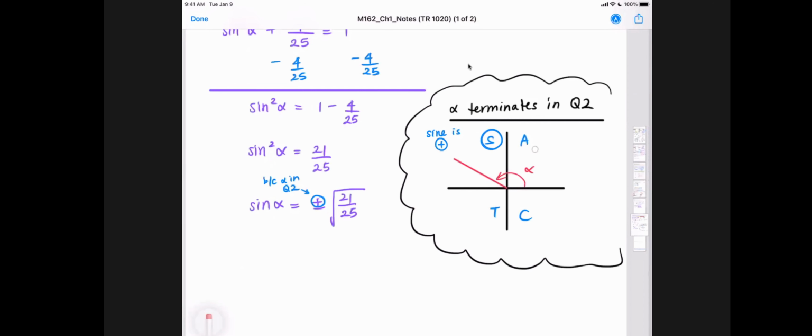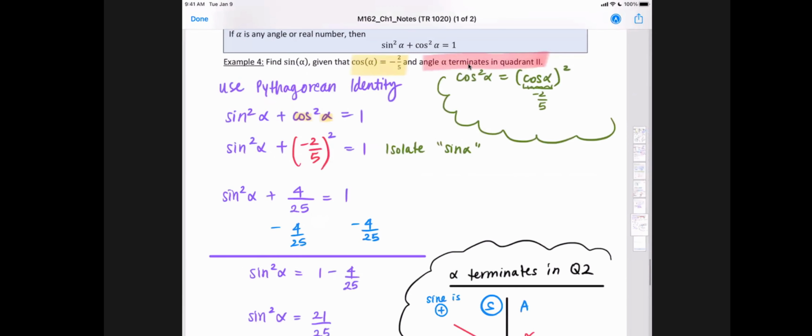That means all trigonometric functions are positive. In quadrant 2, the S means sine and its reciprocal, cosecant, are positive. All the other 4 trig functions are negative in quadrant 2. T, so tangent and its reciprocal, cotangent, are positive. All the other 4 are negative. Quadrant 4, cosine and its reciprocal, secant, are positive. The rest are negative. All right, so that's where this piece of information comes into play of where the angle terminates.